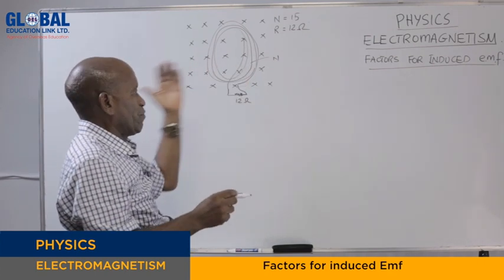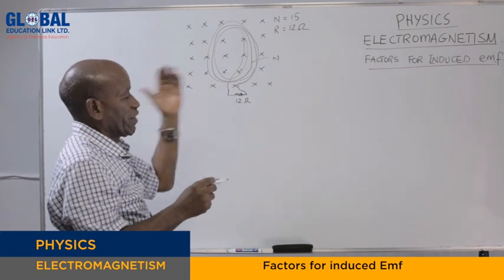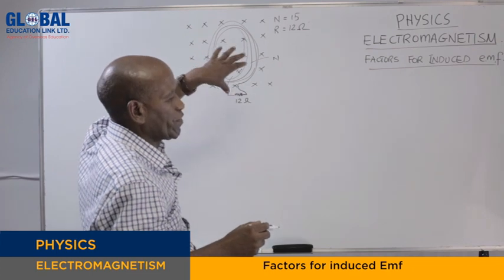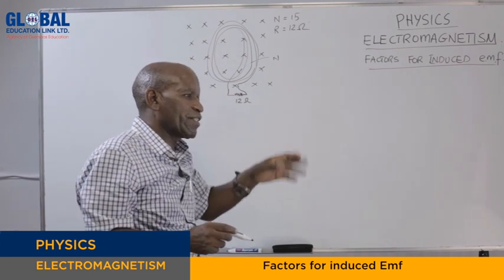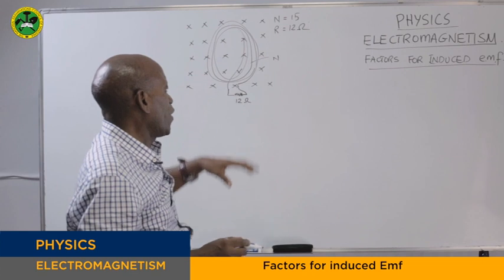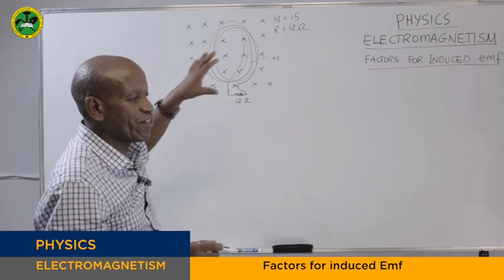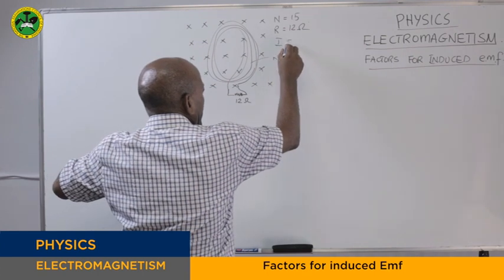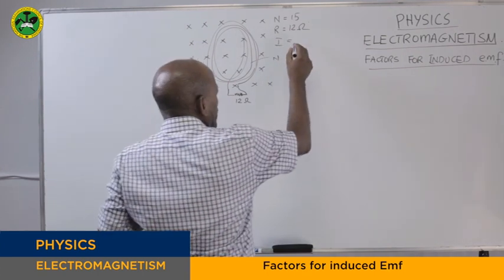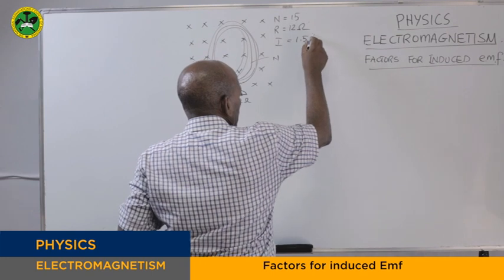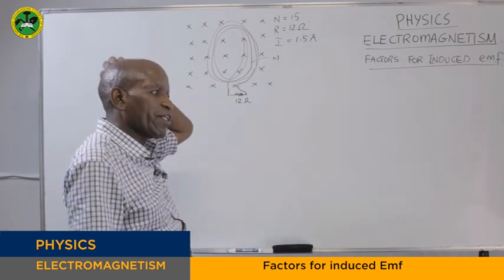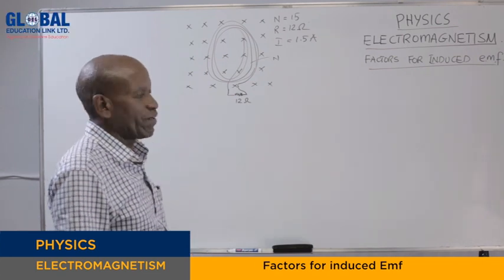It will be varied in this way, interacting with the magnetic field. So that is the situation. Now, whenever such a variation is done, the induced current I is equal to 1.5 ampere. That is the induced current. So we need to calculate the rate of change of the magnetic flux.